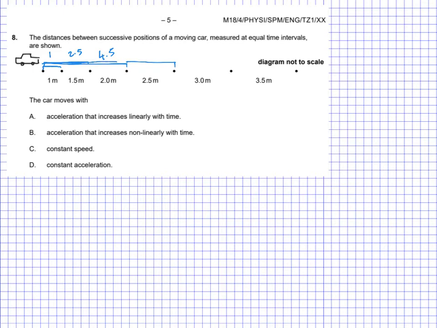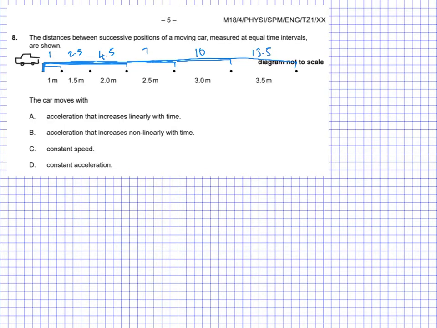Each time I'm going all the way back to the beginning. So this is 4.5 and that makes it 7. And then from the beginning once again, all the way to here. This is going to make it 10. And then the last one all the way to here is going to give us 13.5.